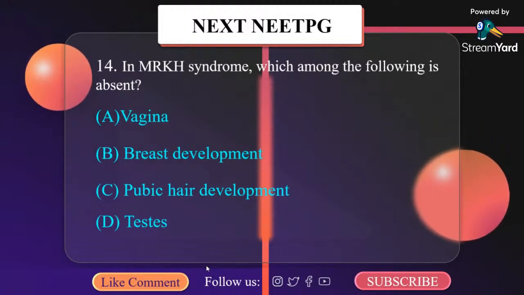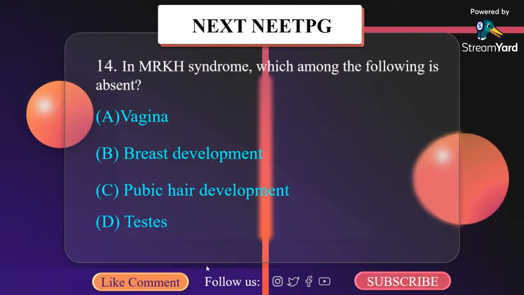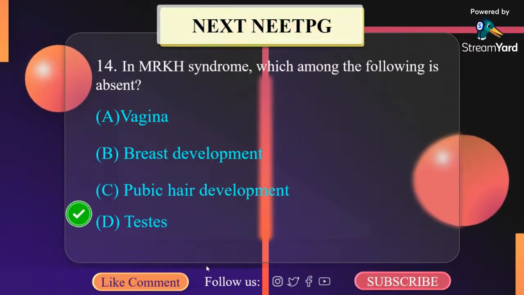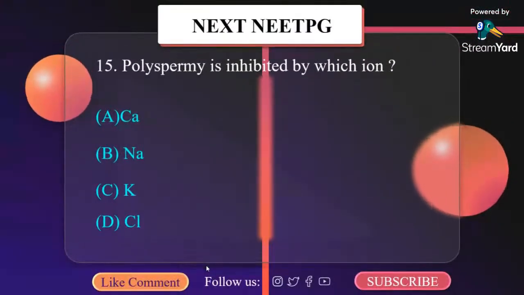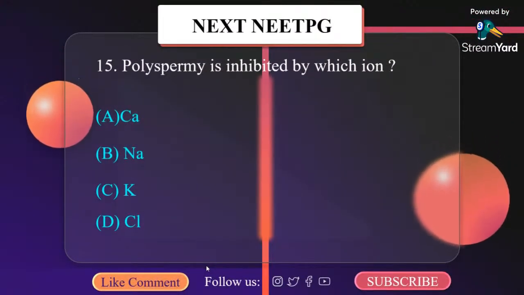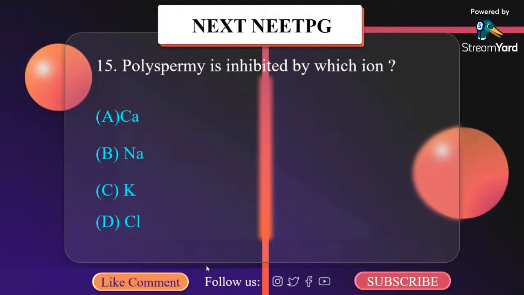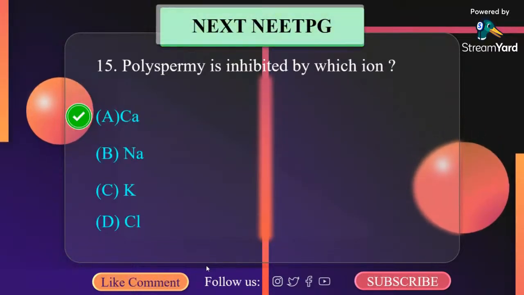A. Vagina, B. Breast development, C. Pubic hair development, D. Testis. It is testis. Polyspermy is inhibited by which ion? A. Ca, B. Na, C. K, D. Cl. This polyspermy is inhibited by Ca, calcium ion.